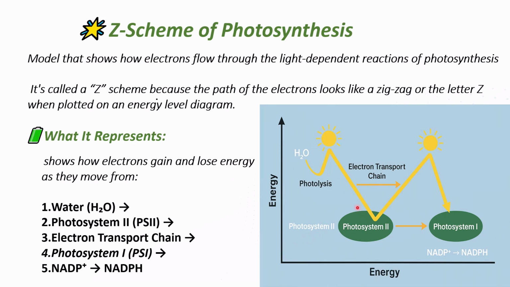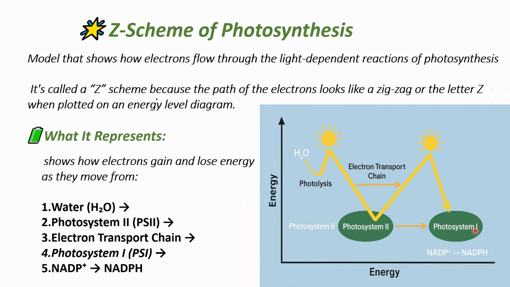As you can observe in this graphical structure, they have given the energy values, the energy gain or loss. First, the photolysis of water takes place. The electrons, protons and oxygen released then enter photosystem 2, and with the help of sunlight, when photosystem 2 gets excited, those electrons flow through the electron transport chain to photosystem 1.